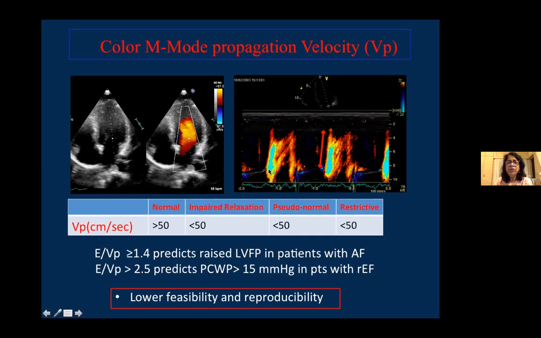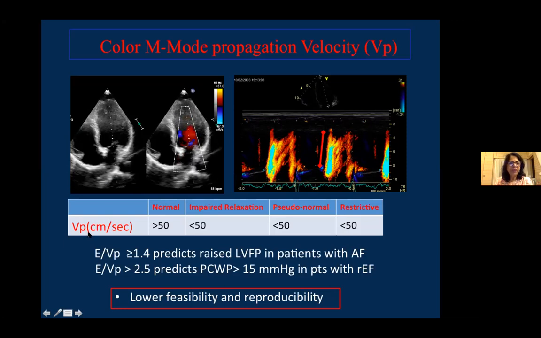Now we will look at the slope to comment on the propagation velocity. So what do we do? We look with the slope caliper. We fix one point at the level of the mitral valve, and the second point at 4 centimeter depth. Following this slope at the 4 centimeter depth, we measure the slope.